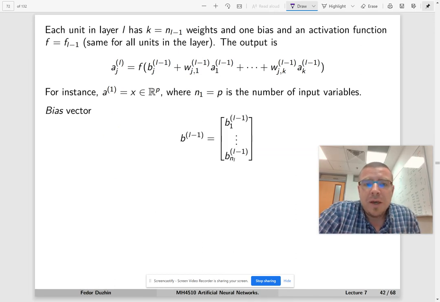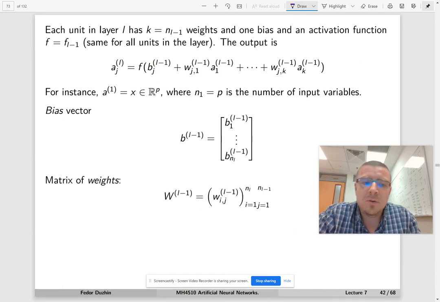Okay, and then all units in layer L, if we look at the biases for all units in layer L, then together they're going to form a bias vector. And if we look at all weights in layer L, then together they're going to form a matrix of weights.